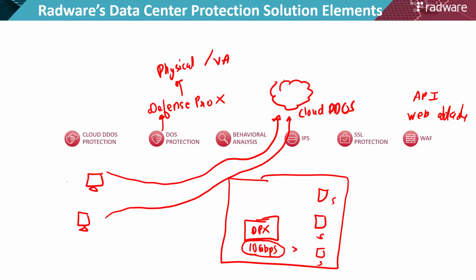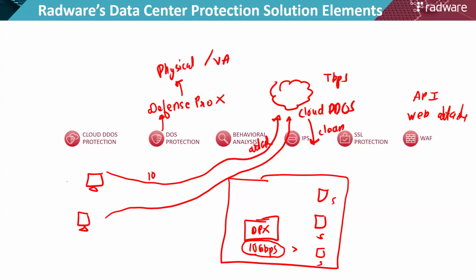Now this cloud device has a higher mitigation capacity. It would be in terabits per second. So 10 Gbps is very small when compared to terabits of capacity. This cloud DDoS network will clean the traffic.